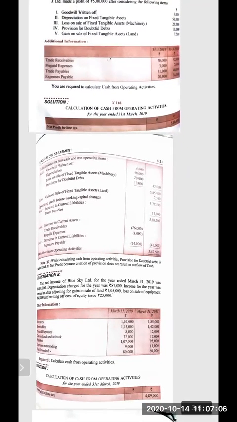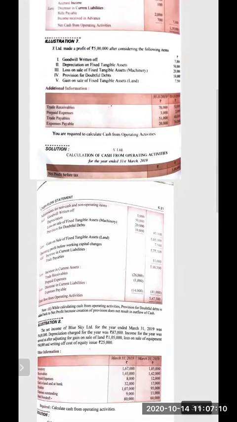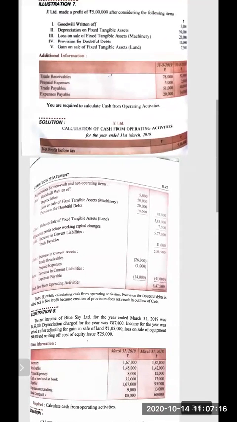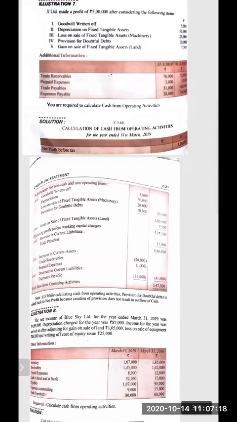See how. Now in this question, the net profit before tax is rupees 5 lakh. All of it is given in the statement. You have to put the net profit before tax. Now whatever the adjustments are to be made, like the goodwill written off, depreciation written off, loss on sale of tangible assets, and provision for doubtful debts, they are to be added back, as we have discussed in the previous topic while discussing the format.